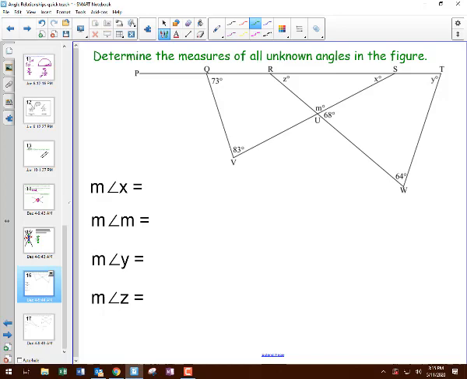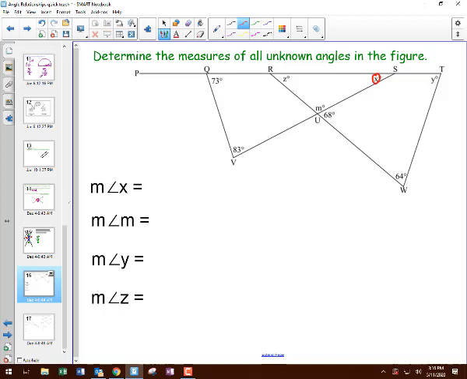Okay, so now we take a look at this, and it asks us to determine all the unknown angles of this figure. So let's find them here. First of all, we'll find x. Where is that? That's located right here. Now, what do we know about triangles?